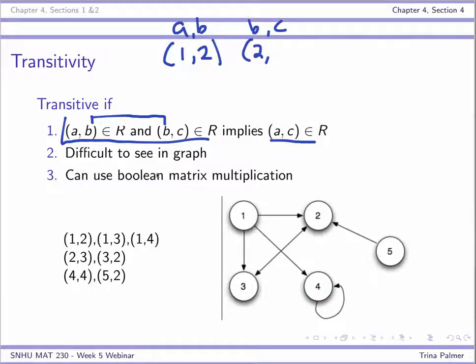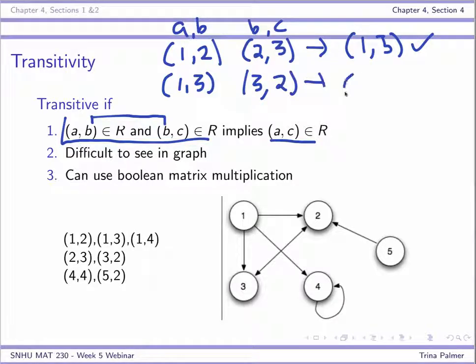The only pair I have that starts with a 2 is 2, 3. So I have both of those, and that has to imply that 1, 3 is in R. It is. All that does is show me that it doesn't fail yet. So let's try another one. Let's try 1, 3. This has to start with a 3, and the only pair I have that starts with a 3 is 3, 2.